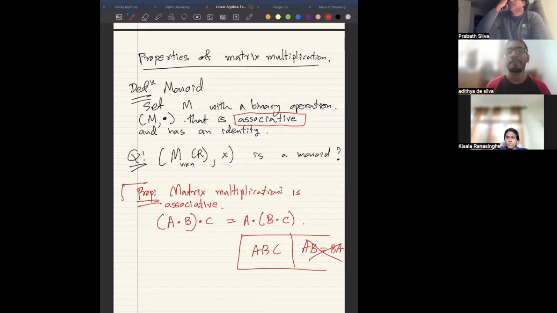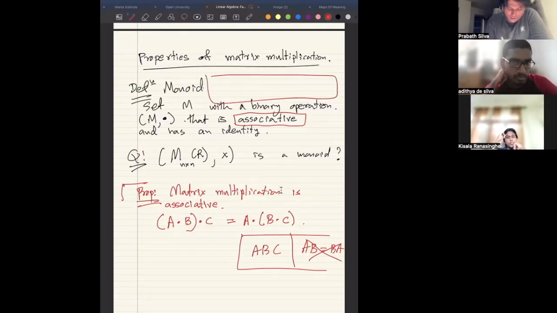So this general definition is about you have a set and this binary operation is defined to be a map. It's just a map. This thing is actually a map M cross M into M. That means it takes two elements A and B from M and maps them to some element.